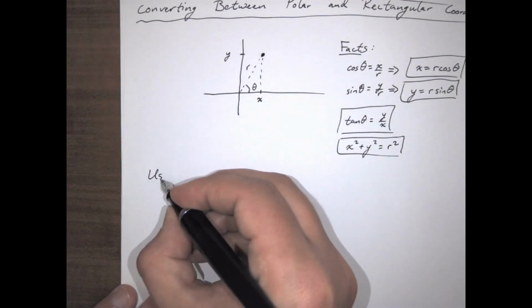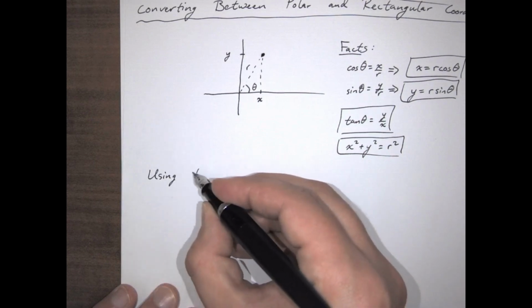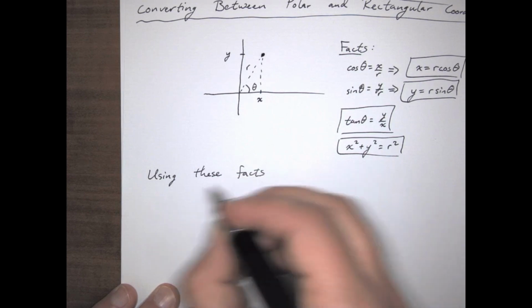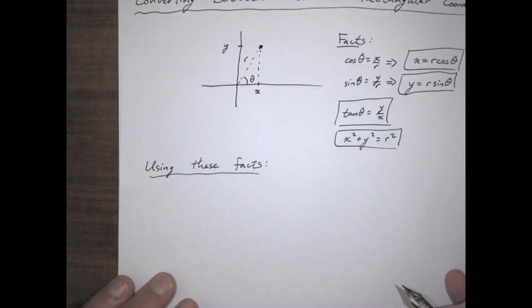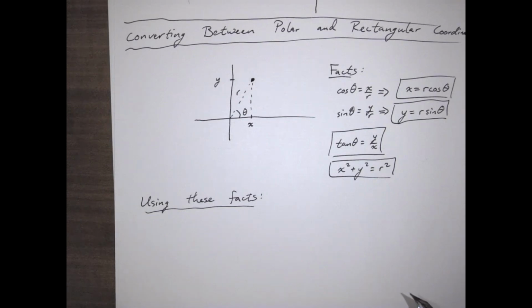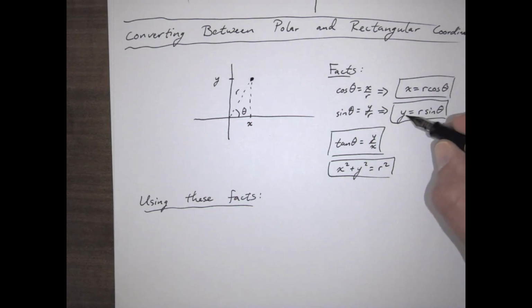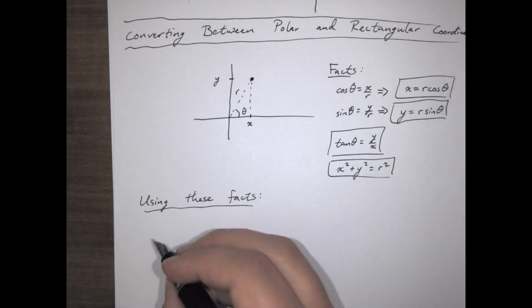So using these facts, there are 2 directions that we might have to convert. We might have to go from polar to rectangular, or from rectangular to polar. One of these is easier and the other is harder. What makes the difference is that in this one, we can actually see what x equals if we had the r and the theta, and we can see what y would equal if we had the r and the theta.